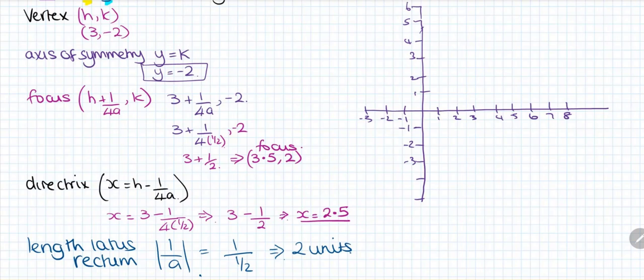Okay, so our vertex is at 3, minus 2. So this is our vertex. Our axis of symmetry is at y is equal to minus 2.